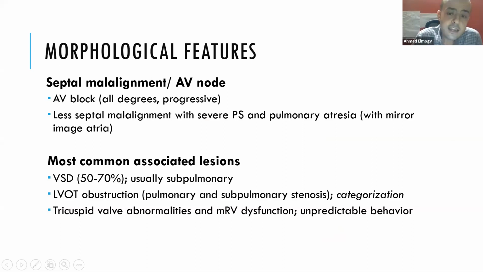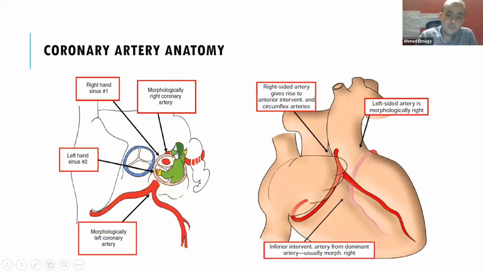The coronary anatomy is variable according to the topology of the ventricle. So the right coronary system may give rise to the left anterior descending and circumflex supplying the left ventricle, and the left coronary system gives rise to the artery supplying the right ventricle. Here we don't name the sinuses as right and left coronary sinus.